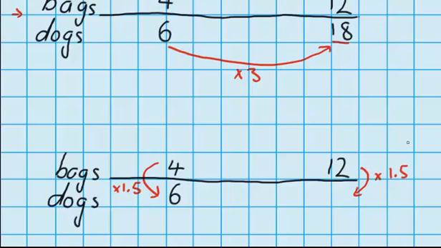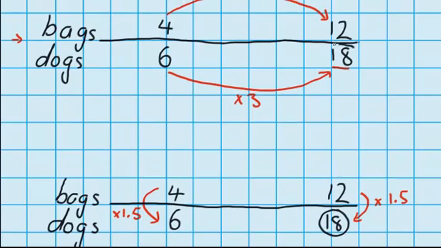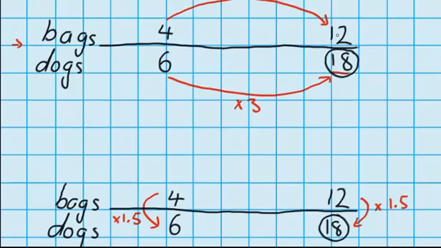Now I know that 12 times 1 is 12 and 12 times 2 is 24, so 12 times 1.5 must be halfway in between, so it must be 18. So if I go back up a little bit, you can see we got the same answer in both of these questions, but when we used the between method, we only had to deal with whole numbers, which was easier.